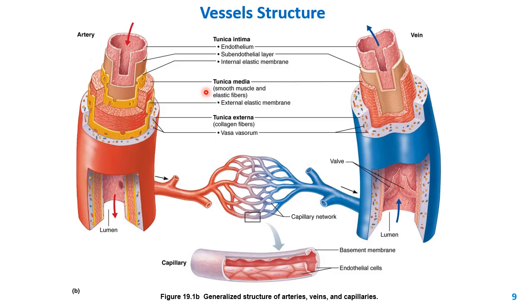A reason why the veins don't really need a lot of this tunica media is the difference in blood pressure when you compare the artery to the vein. You almost have no blood pressure going through the vein, very, very low blood pressure. So you're not really going to squeeze much of it to control systemic blood pressure, okay?